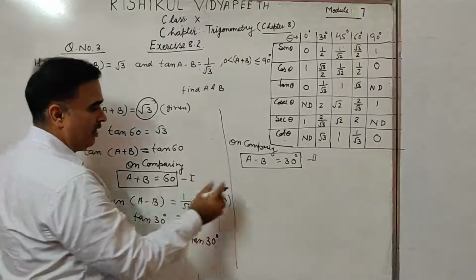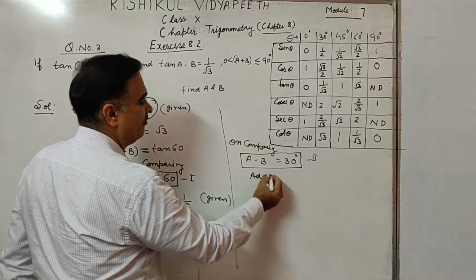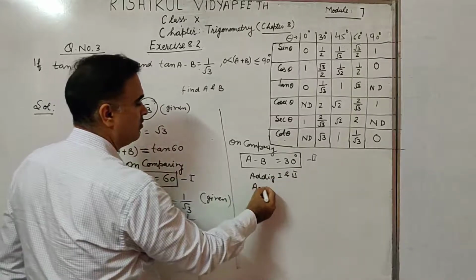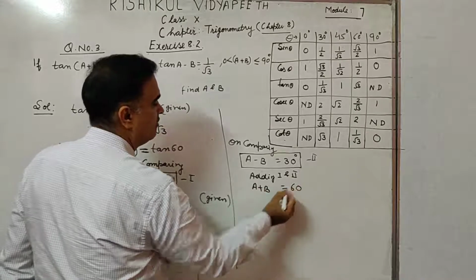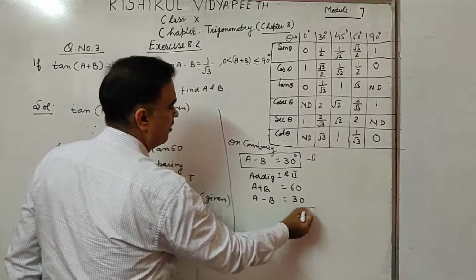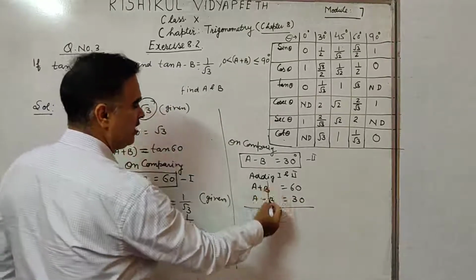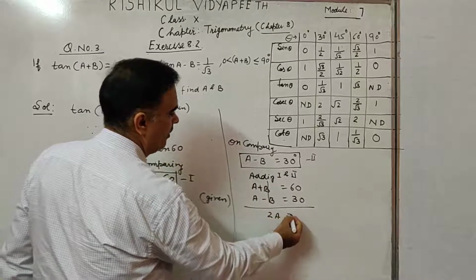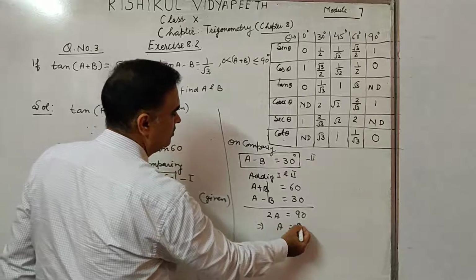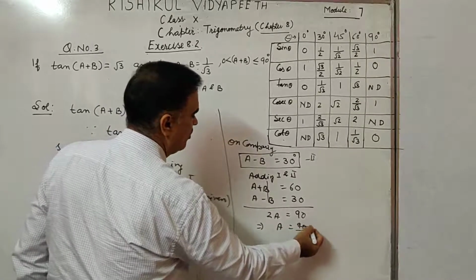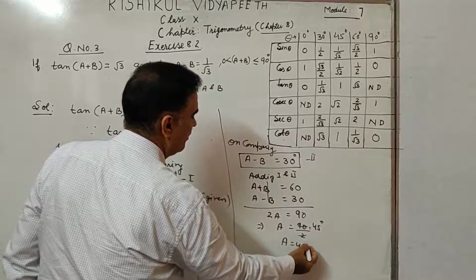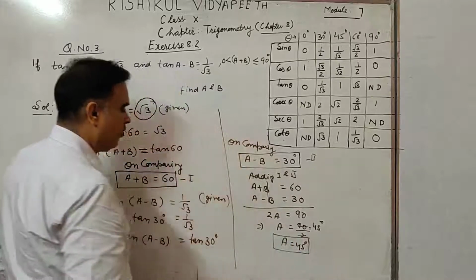If I do adding first and second, a plus b equal to 60 and a minus b equal to 30. If we add it, b cancels out. This is 2a equal to 90, 60 plus 30 is 90. And a equal to 90 upon 2, that is 45. A equal to 45 degrees. Now what will you do?